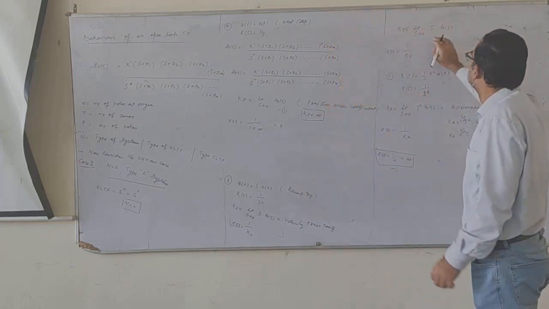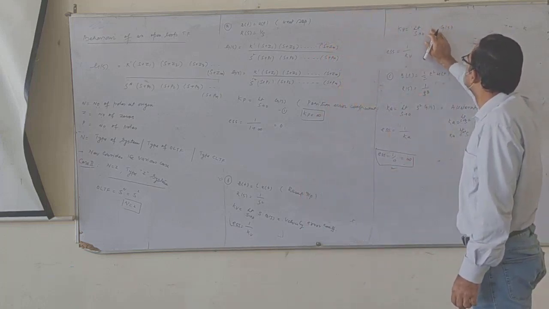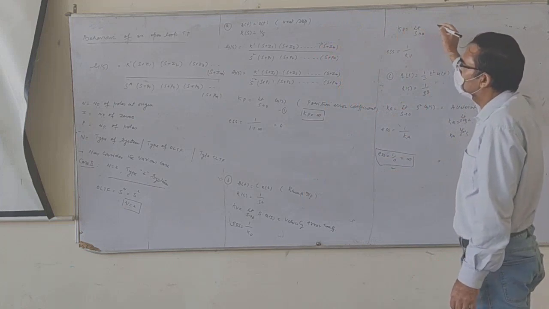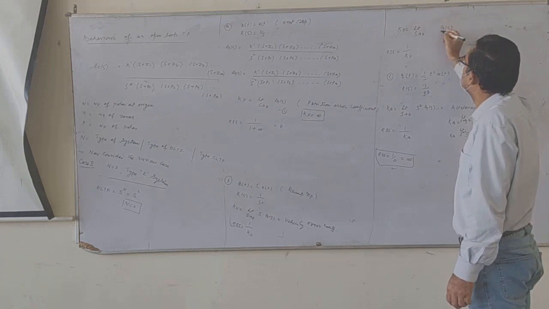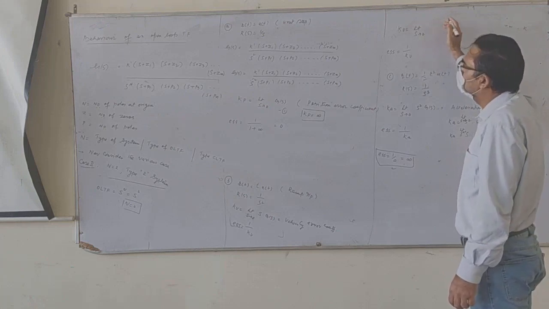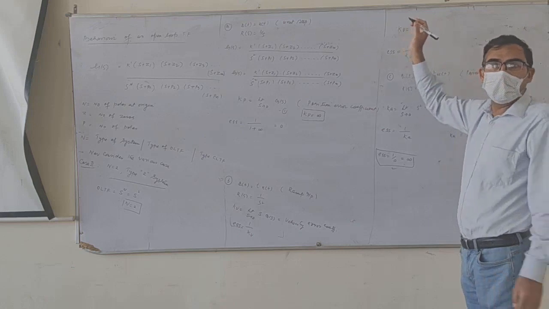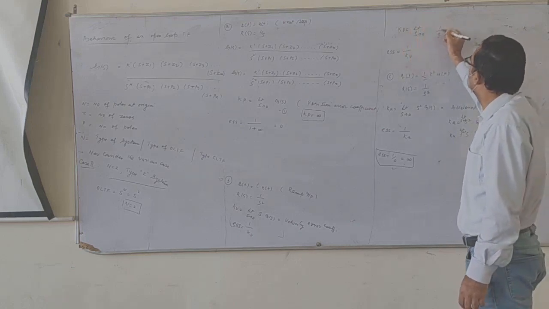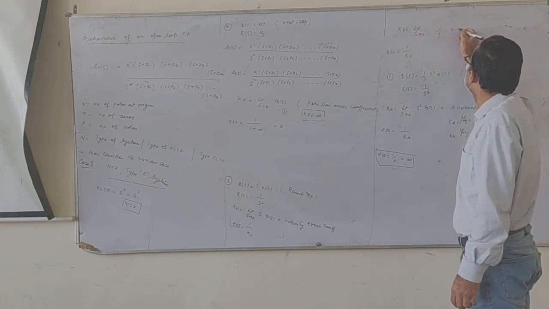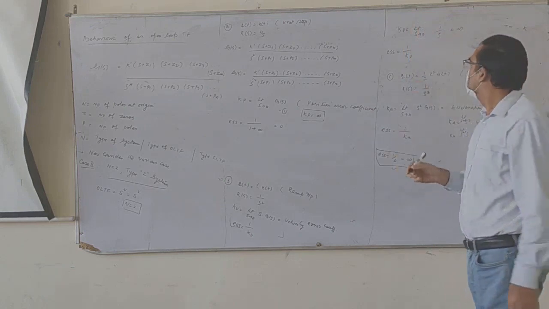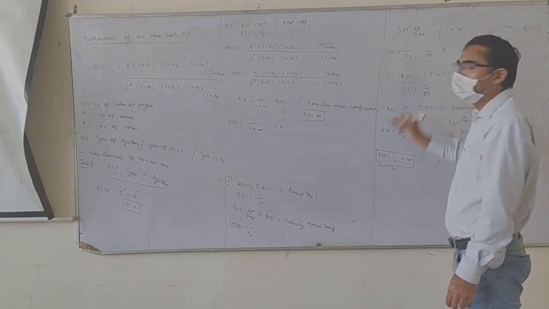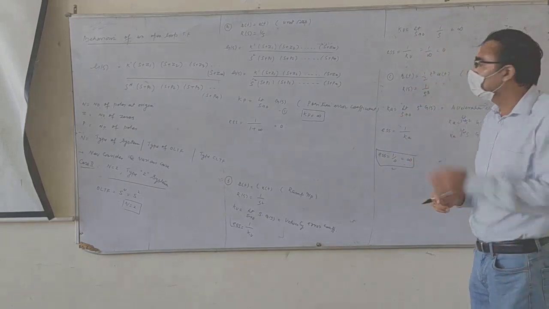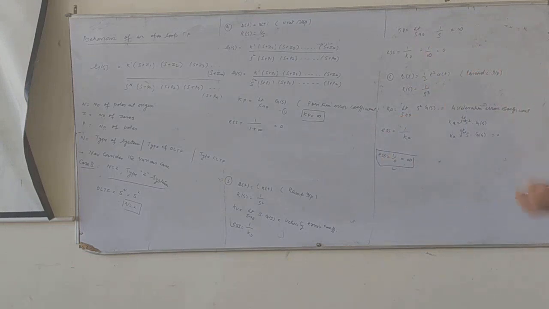So we will be having something. S will be in the denominator. 1 by 0 is infinite. So here 1 by infinity is, is it clear or not, 1 by infinity is 0. So steady state error here will be 0.